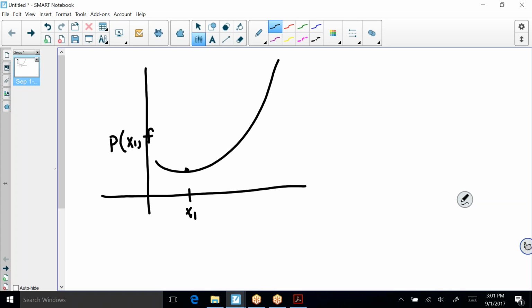So we can call it f of x sub 1. And then let's take another point on the curve here, and we'll call that point Q. And let's call the x value there x sub 2. So Q is going to be x sub 2, comma, f of x sub 2.